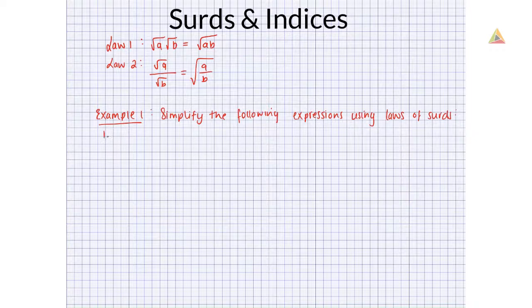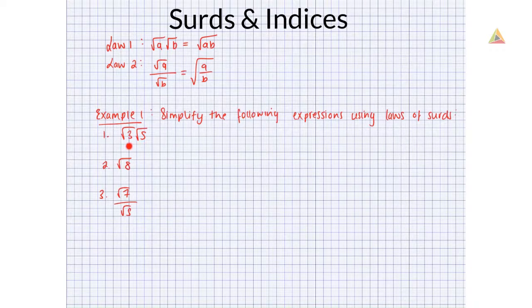Okay, so the first one is root 3 multiplied by root 5. The second one is root 8. And the third one is root 7 over root 5. So we're going to answer all of these using the laws of surds.